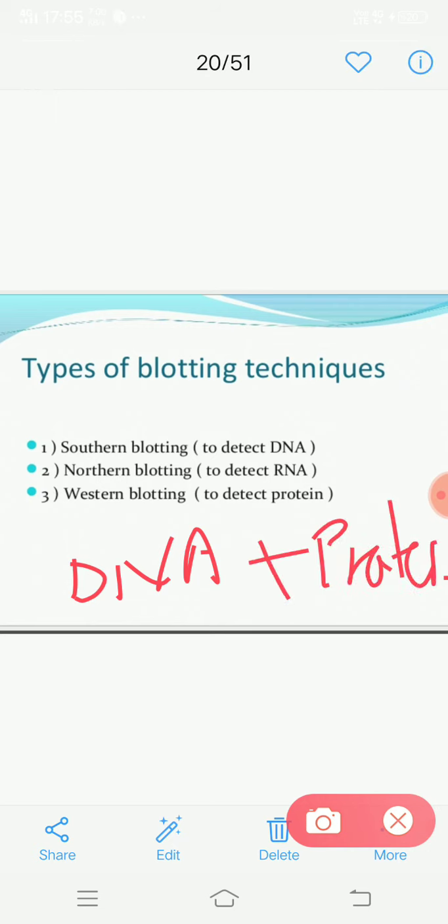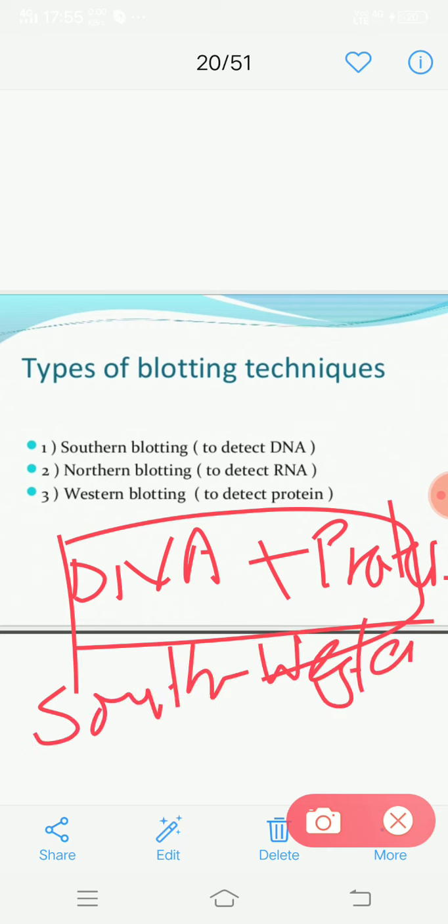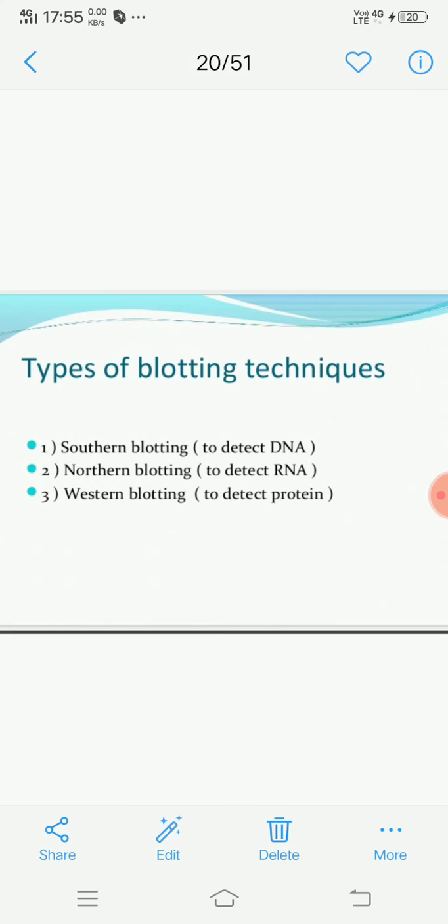That is known as the southwestern blotting. These are the different types of blotting techniques. There are many more, but these five techniques are important for you.